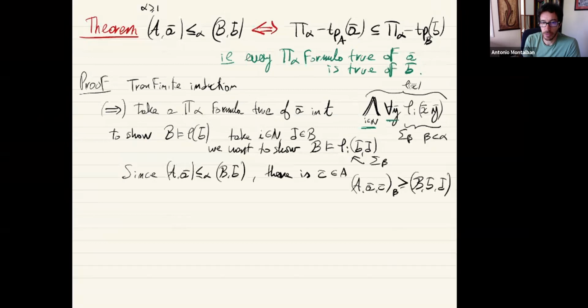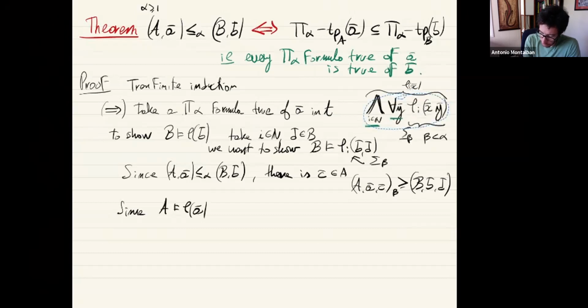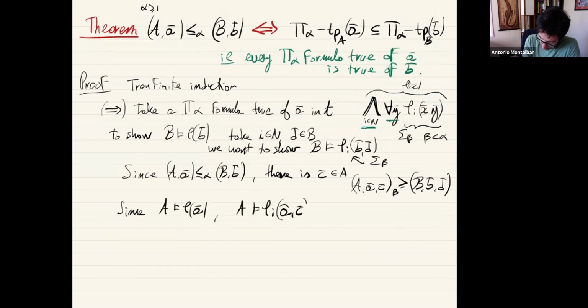Right, that was the definition of back and forth. But now since A models phi of a, that means that for every i and for every y, phi i is true. A models phi i of a, c, because this is true for every c and for every i.